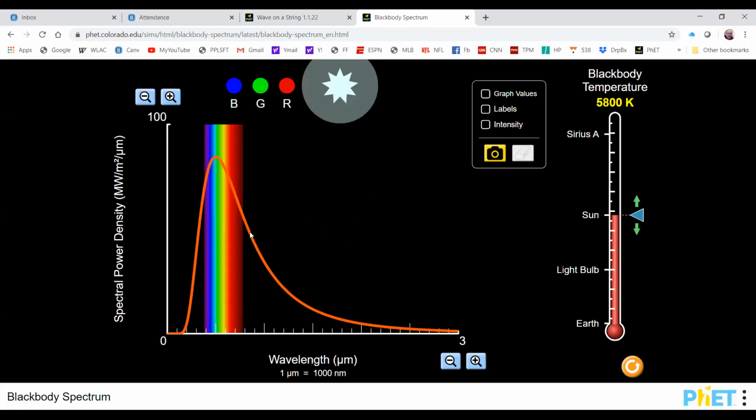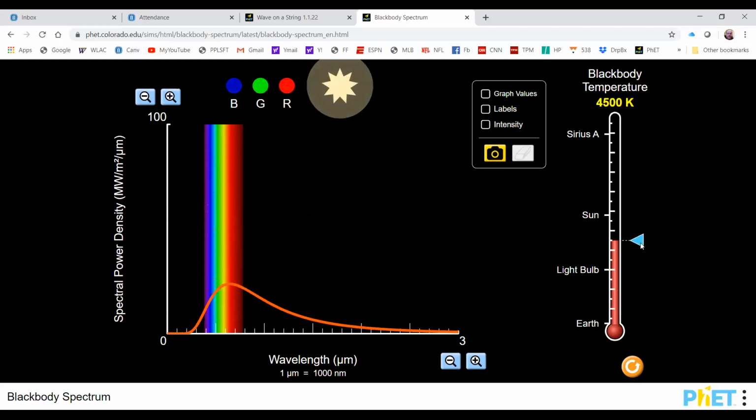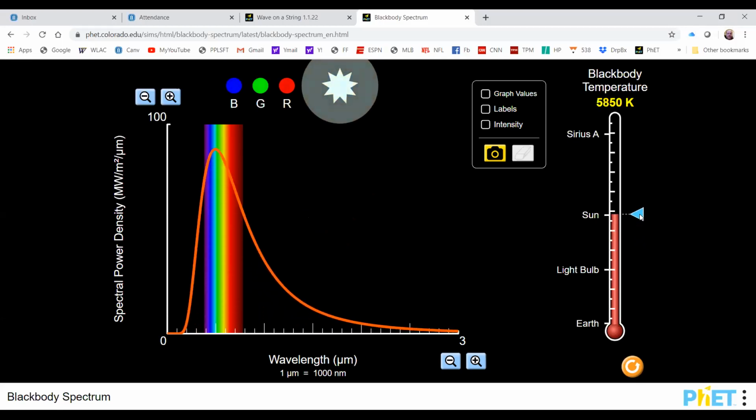And so here, what you would expect based on classical physics is essentially that at any temperature, the relative amounts of light are going to be essentially the same. Now, what really happens is as the temperature of an object is increased or decreased, you'll notice that it's not just the height, so you have the spectral power, how much light is being given off, compared to the temperature here.